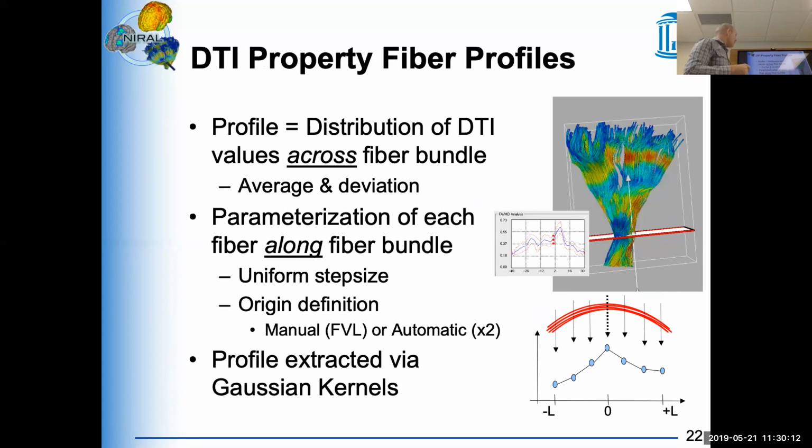The one thing that you have to know here is, while we could extract exactly the value along each of the tracts, so if I, for example, am here, I could go and look up now in the individual data set what is the FA there, we're actually doing a convolution.